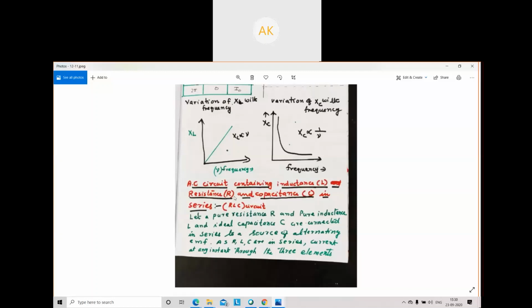LCR, RLC series circuit. R means resistor, L means inductance or inductor, and C means capacitance. So capacitor is connected. All the three elements are connected in series. That's important. Series connection is what we have to study here.